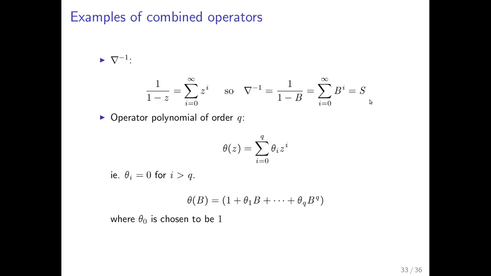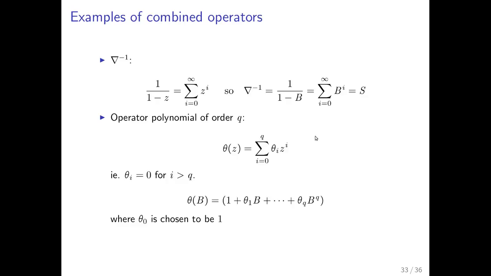So we have these different ways of writing things, but we won't just restrict ourselves to work with infinite polynomials. We will also use finite polynomials. So you can have, say, a theta operator here with some argument, where you have some parameters and then some powers of your argument.